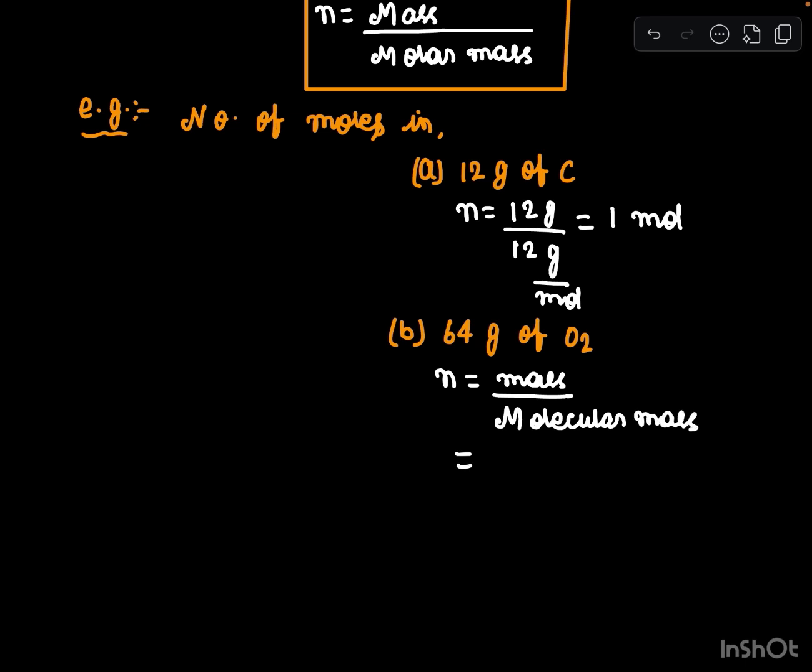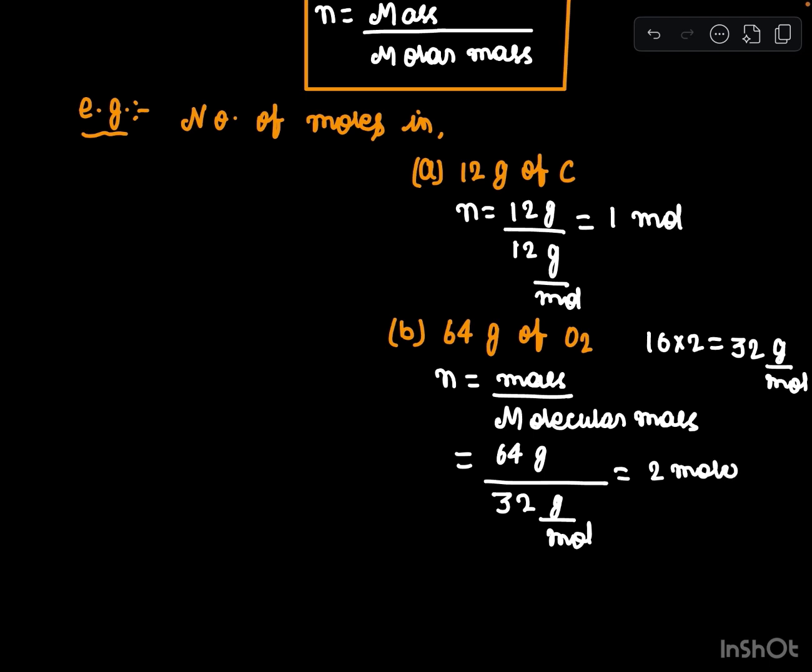Mass of oxygen is 64 gram divided by molecular mass of oxygen, which will be 16 into 2, equal to 32 gram per mole. On calculating, we get 2 mole. That's how we can calculate the number of moles.